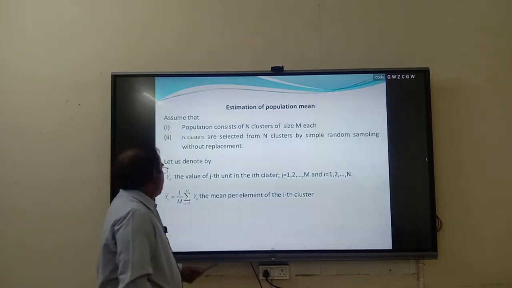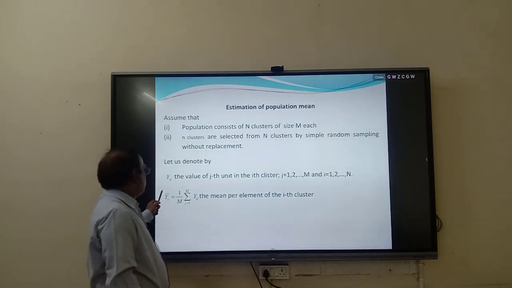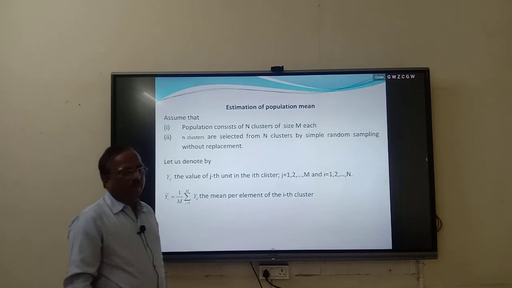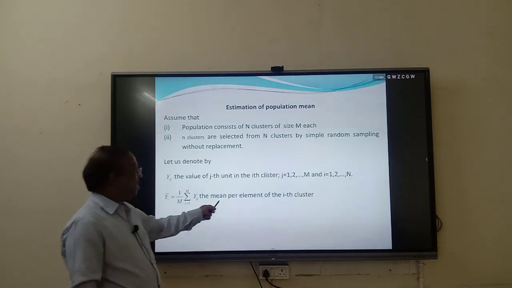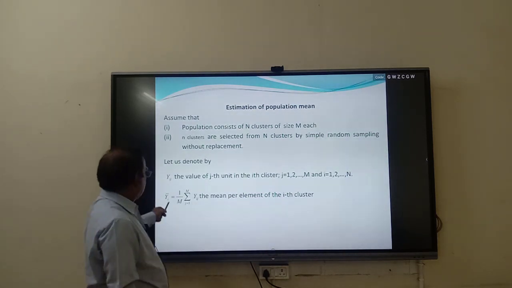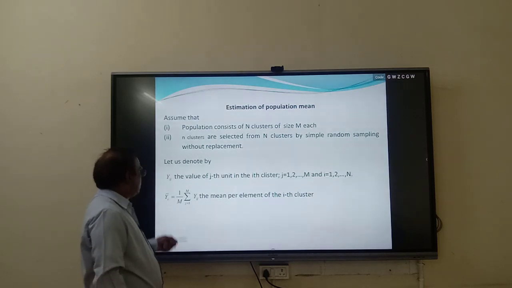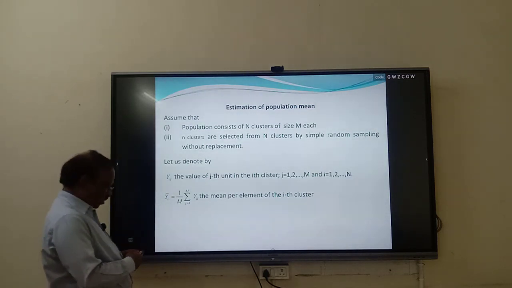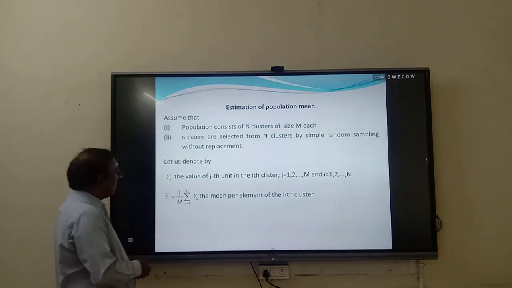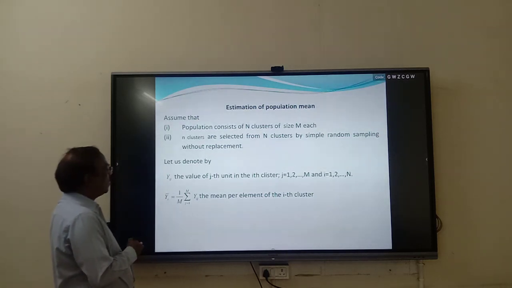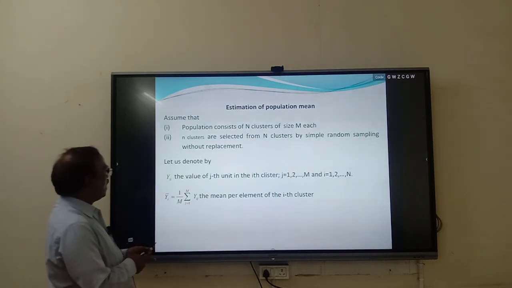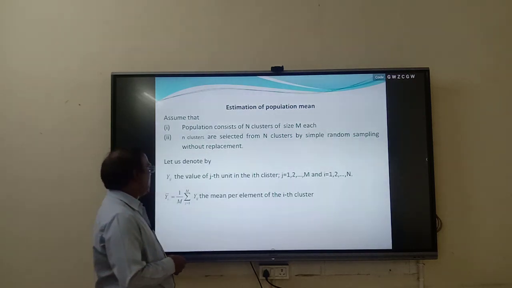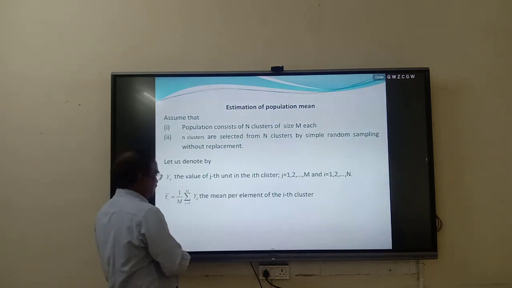First we define the mean per element of the ith cluster, that is yi bar, which is equal to 1 by M, sum j goes from 1 to M, Yij, the mean per unit of the cluster.